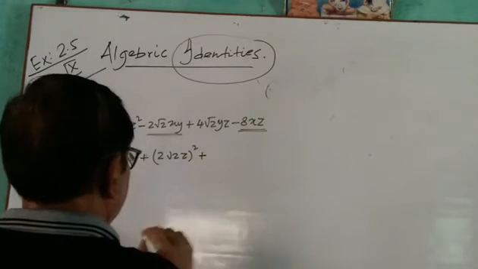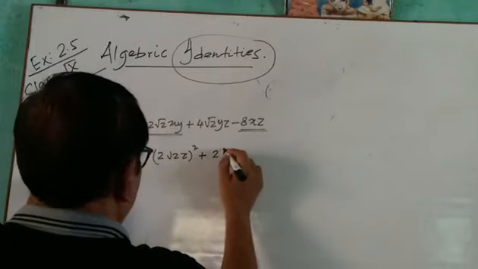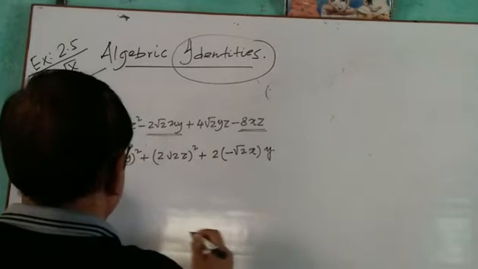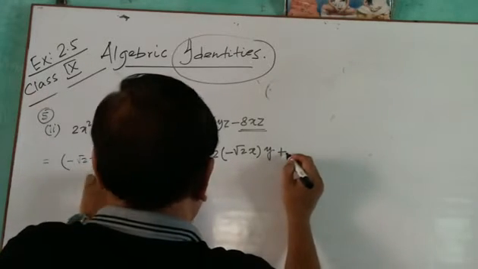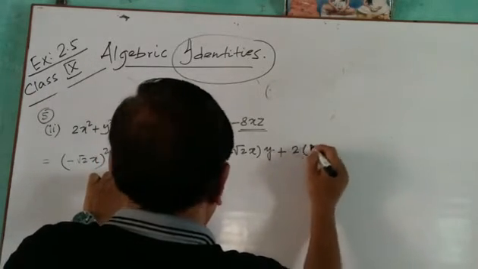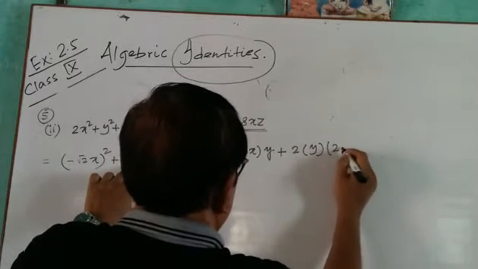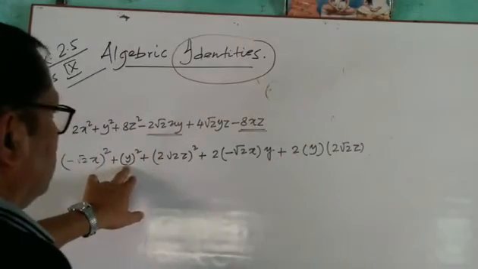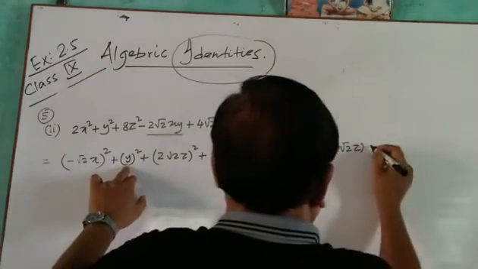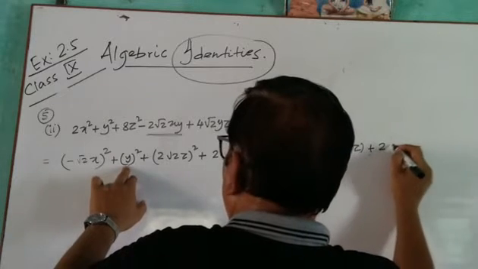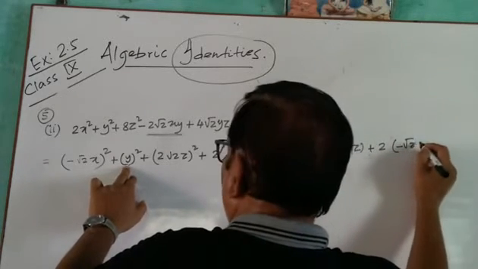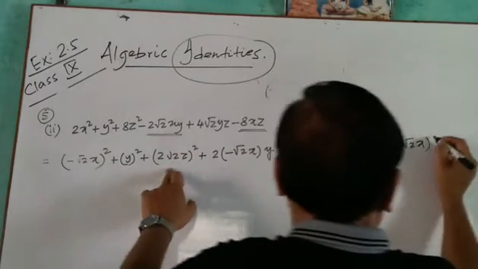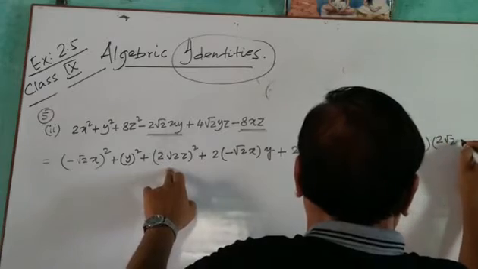2 root 2 z square will give us 8z square. Minus, it will be plus 2 into (-root 2 x) into y, plus 2y into 2 root 2 z, that will give us 4 root 2 yz, and the last one is plus 2 into (-root 2 x) into 2 root 2 z.